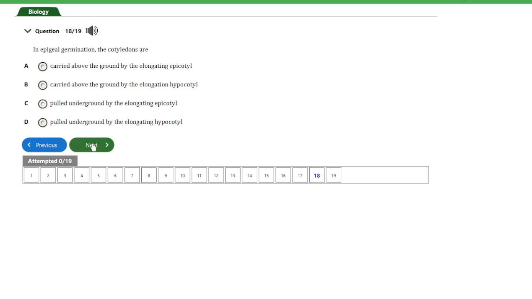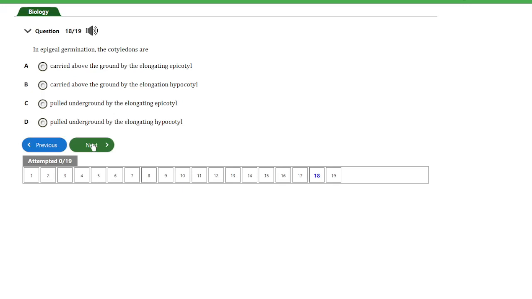So guys, the answer to this question is option B, and that's carried above the ground by elongation of hypocotyl. In epigeal germination, guys, the cotyledons are carried above the ground by elongation of the hypocotyl.